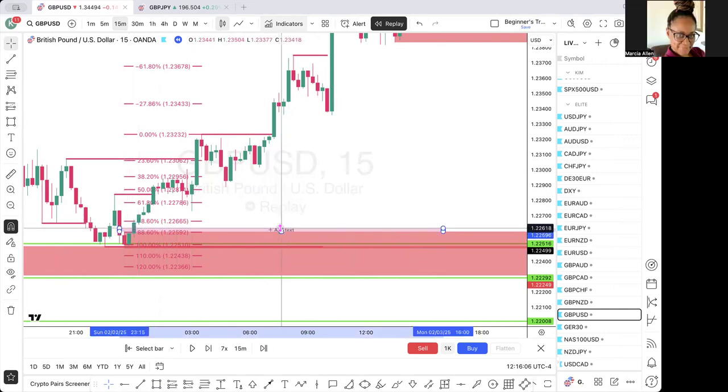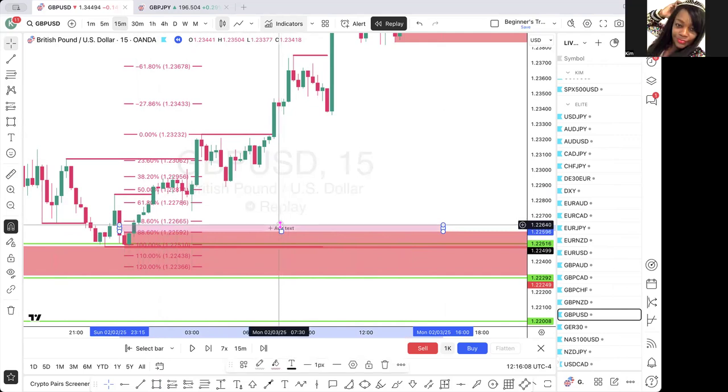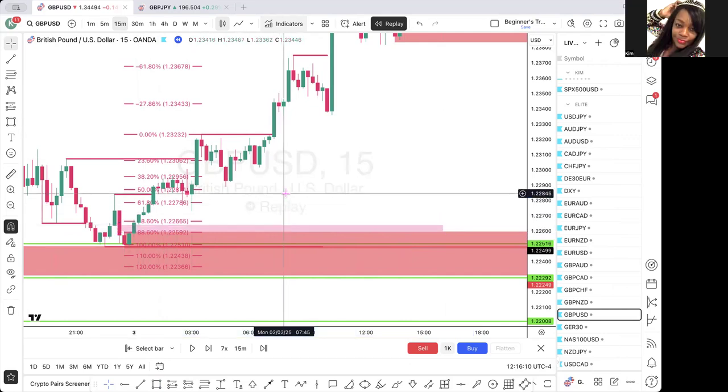Okay. So the Fibonacci too, is this something similar to order blocks and fair value gaps on entries? Say that again. The Fibonacci, is this somewhat similar to fair value gaps?